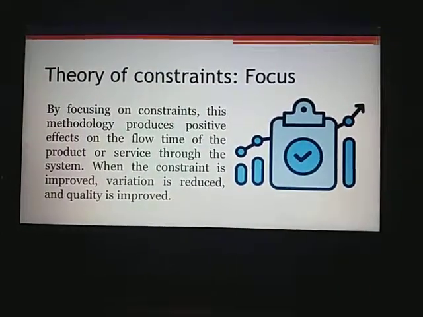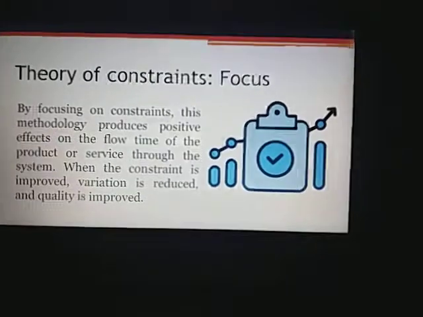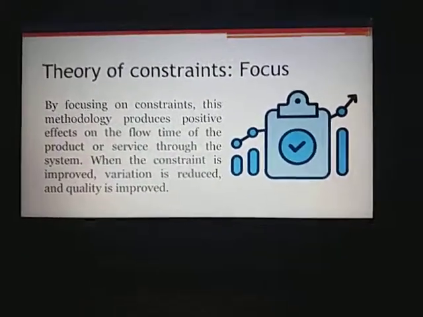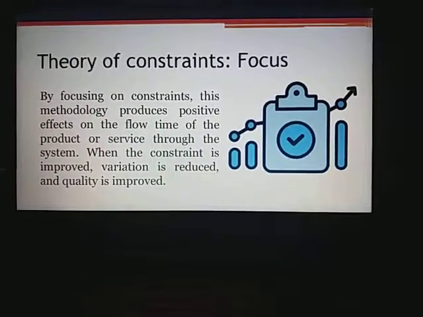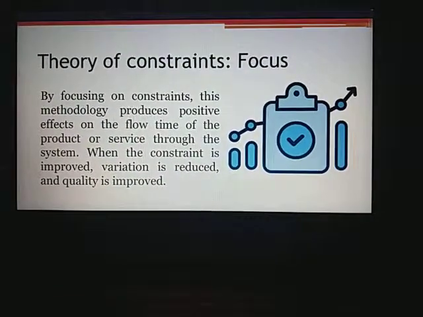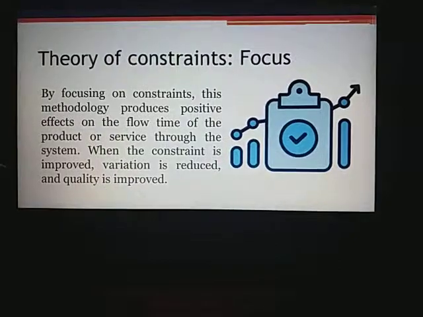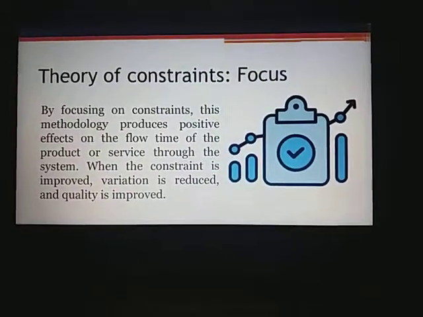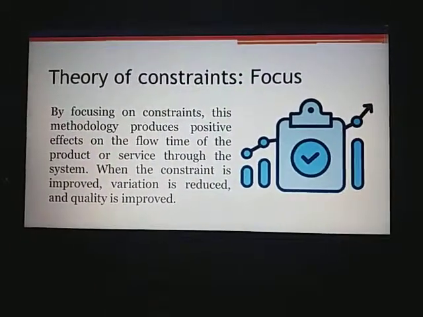By focusing on constraints, this methodology produces positive effects on the flow time of the product or service through the system. When the constraint is improved, variation is reduced and quality is improved.